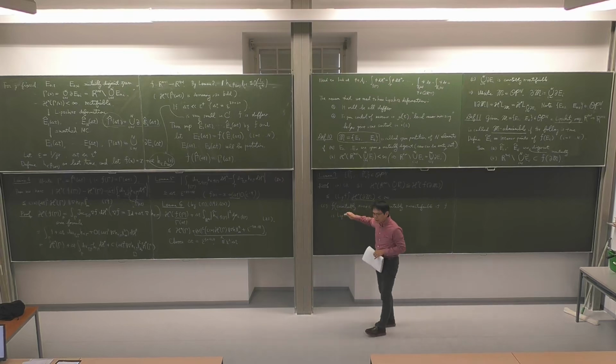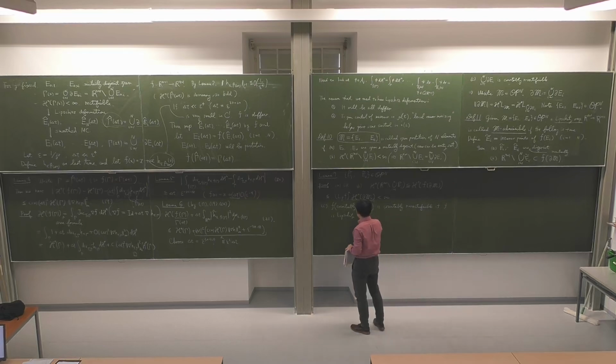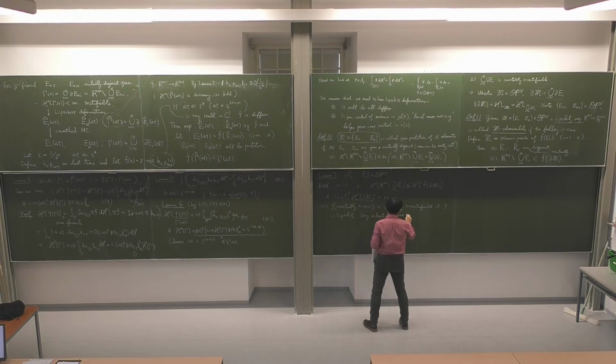If you know the definition of countably rectifiable sets, this follows quite easily. Any subset of a countably rectifiable set is also countably rectifiable by definition, so this set has to be countably rectifiable too.